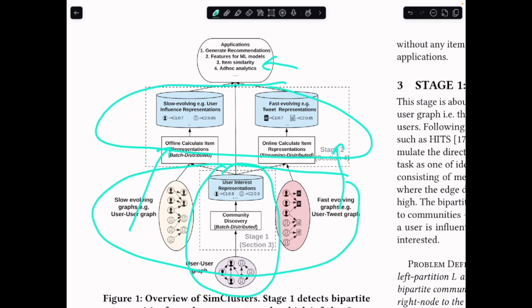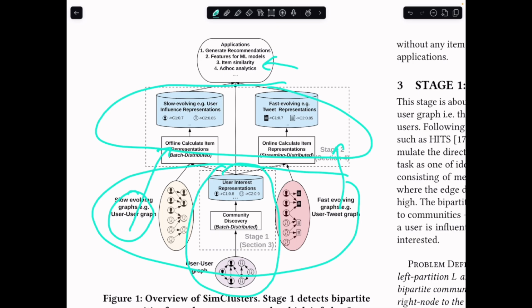Stage one takes a user graph as input and generates the user interest representations. After stage one, you have a user representation. You can see it as a sort of embedding for the user ID. Then in stage two, you have those different kinds of graphs. This is the user graph, and this is the user-tweets graph.